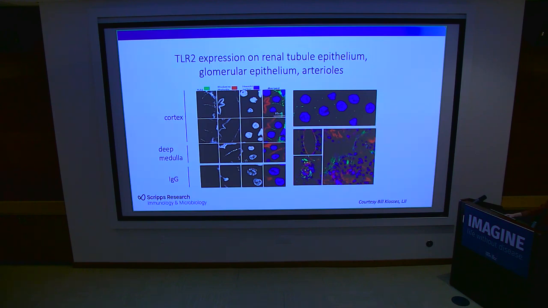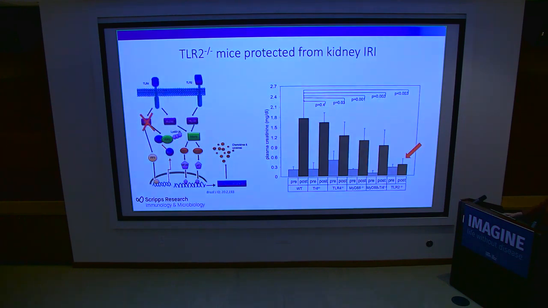glomerular podocytes. So we asked whether TLR2 knockout mice could be protected from ischemic injury, and we blocked TRIF, we blocked MyD88, we blocked TRIF and MyD88, we blocked TLR4, and finally with blocking TLR2, we found really profound protection.